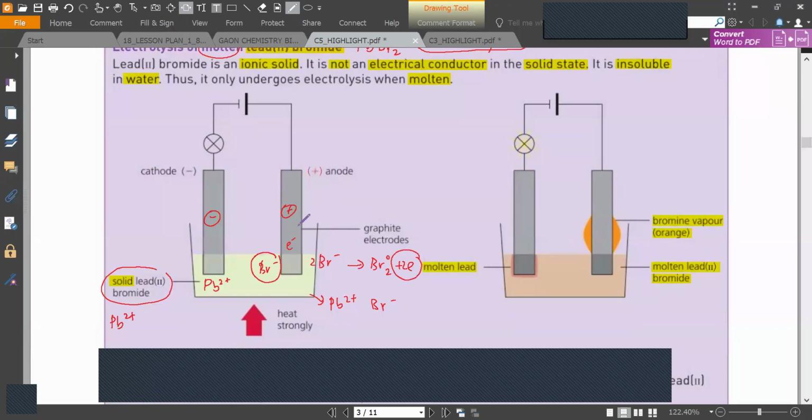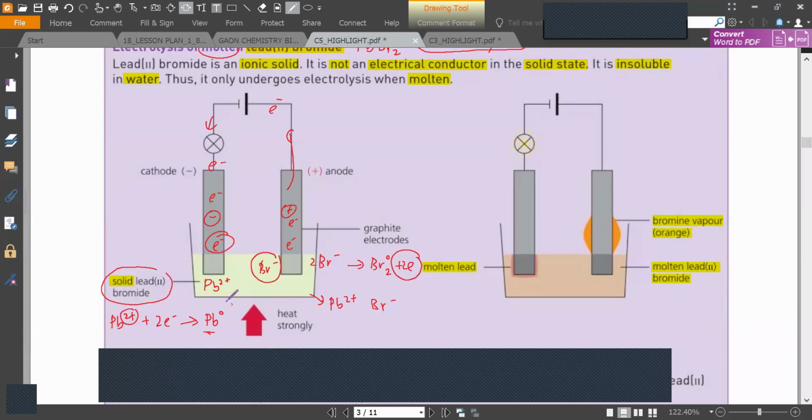These electrons will go in the circuit and come here. Now the lead ion will take these electrons. Lead at first is 2+, gaining 2 electrons, it becomes lead 0.